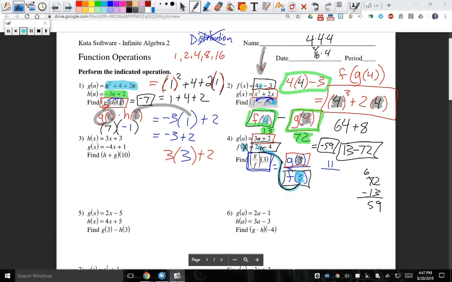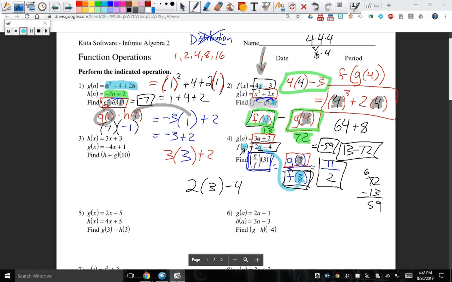You would put this 3 wherever x was. You would try to find where they have x that I can plug in a 3. Okay, so make sure that you understand that. That's why you have this a here, because it's telling you what the input variables are. So now we'll say 2 parentheses minus 4. On this bottom piece we're going to plug in a 3. So 2 times 3 is 6, minus 4 is 2. So this would be 11 halves, or if you wanted to put 5.5, that would be the answer as well.